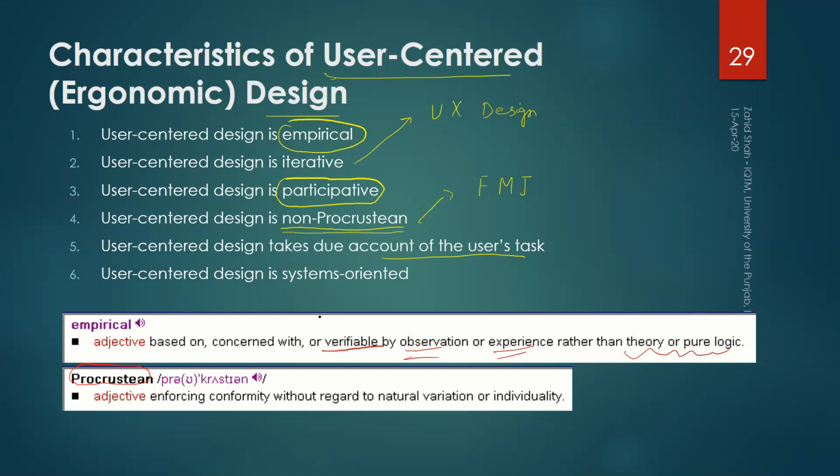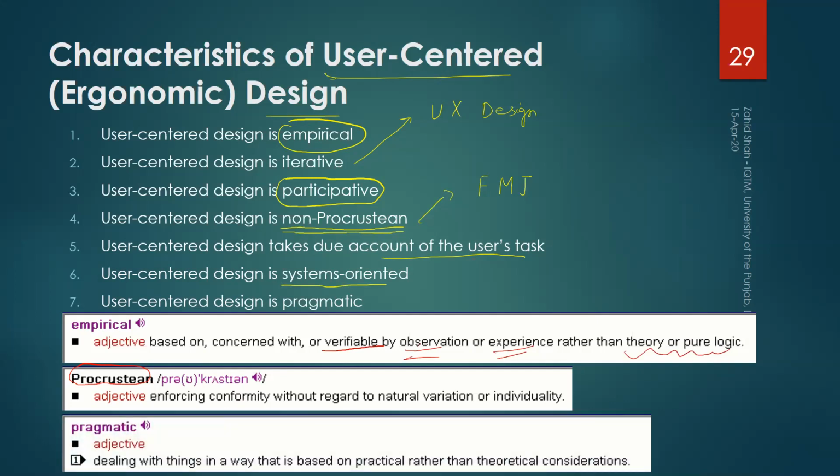So it is system oriented as well. Finally, user-centered design is pragmatic. The word pragmatic means dealing with things in a way that is based on practical rather than theoretical consideration. So it is very similar to the first point. You have to consider the practical aspects as well.